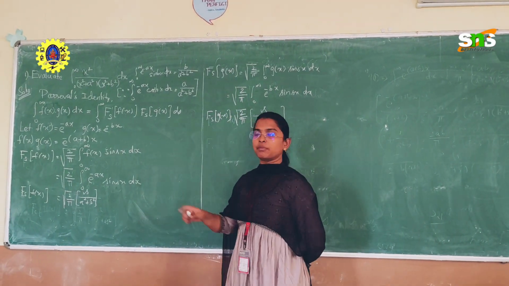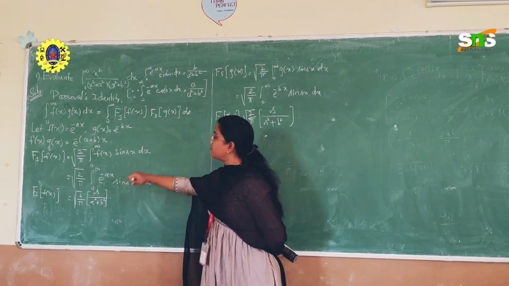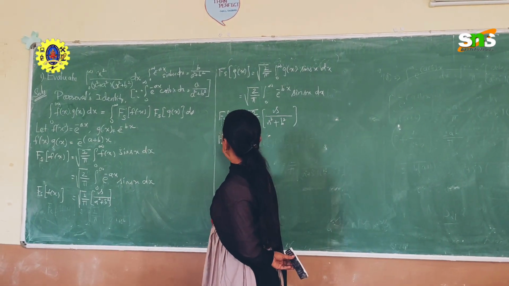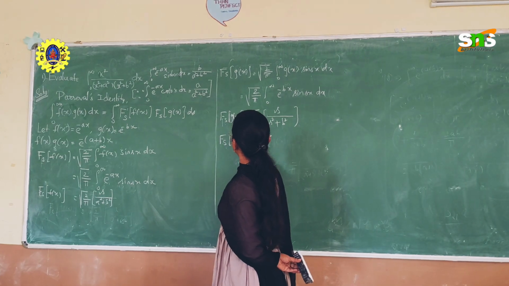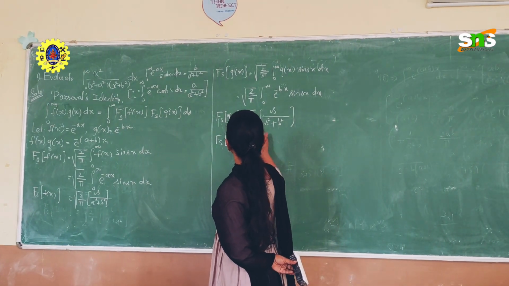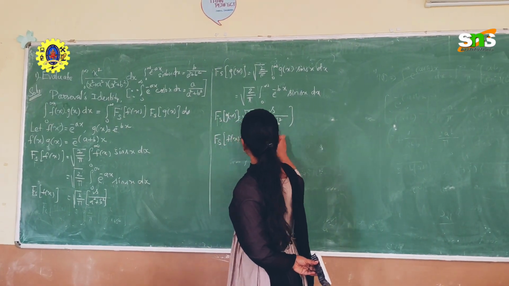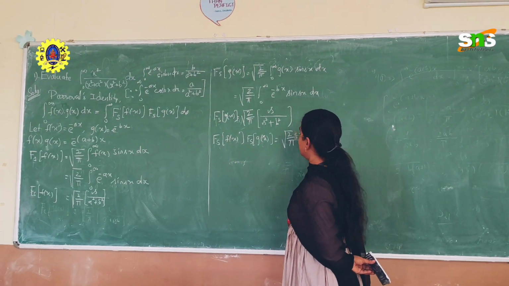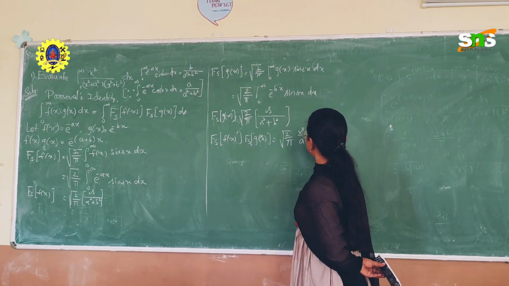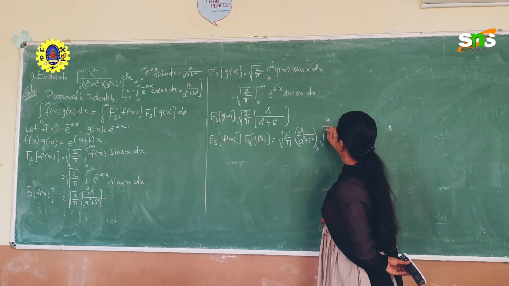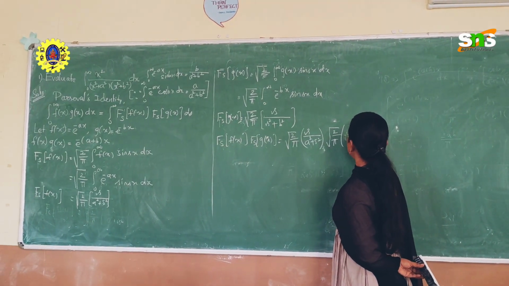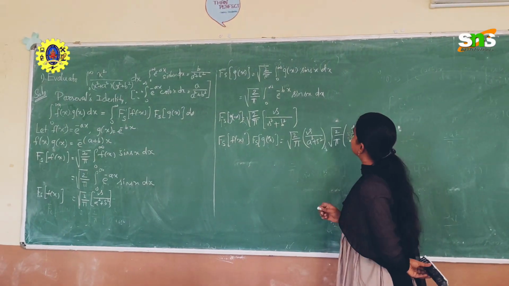So now you have to multiply Fourier sine transform of f of x and Fourier sine transform of g of x. So Fourier sine transform of f of x into Fourier sine transform of g of x will be square root of 2 divided by pi s by a square plus s square, into square root of 2 divided by pi s divided by b square plus s square.